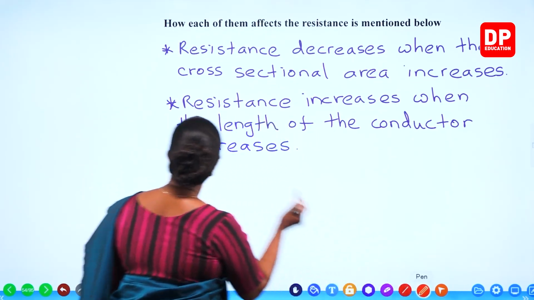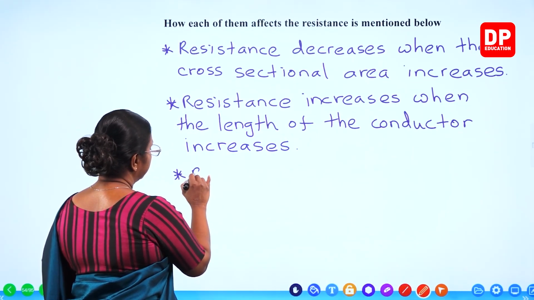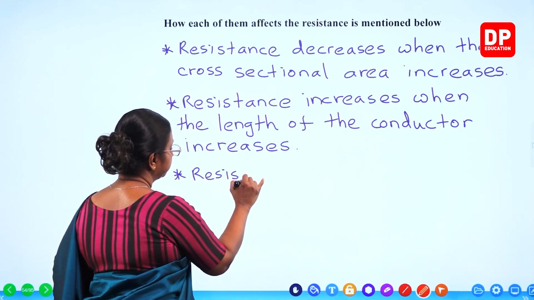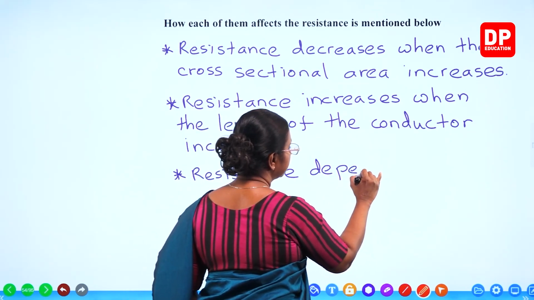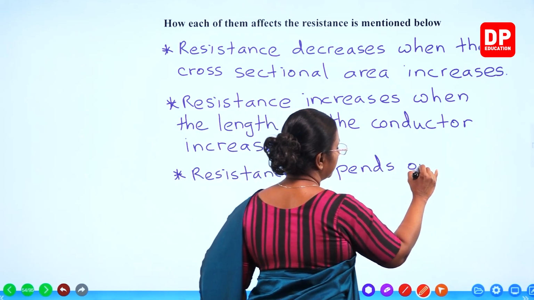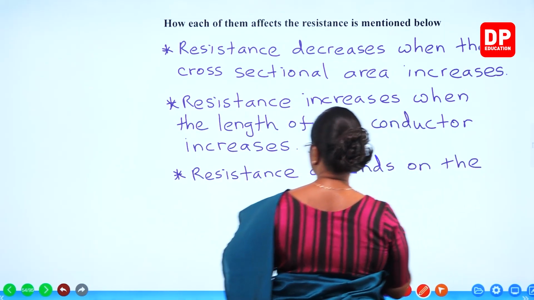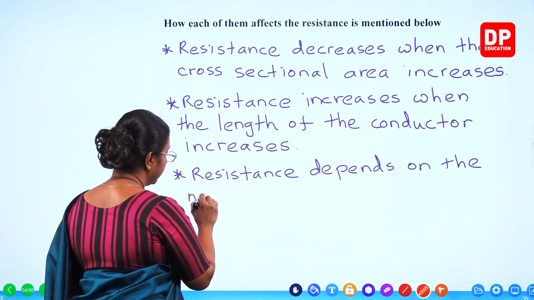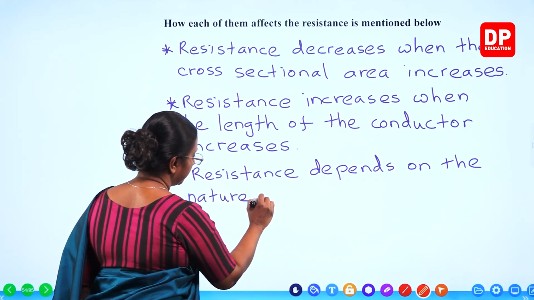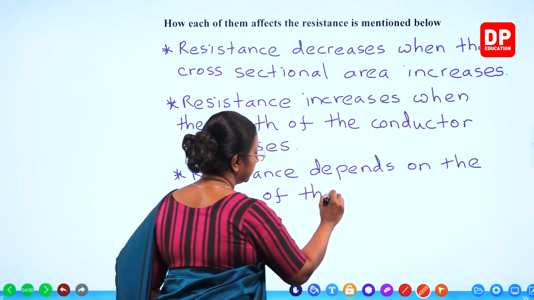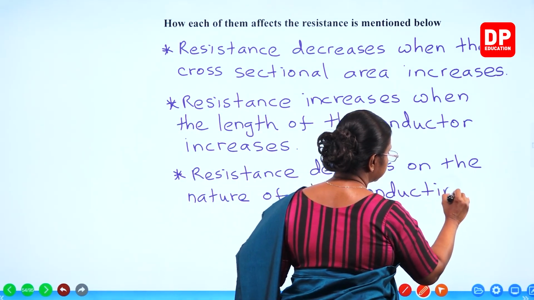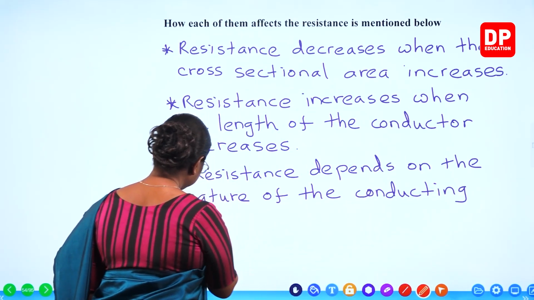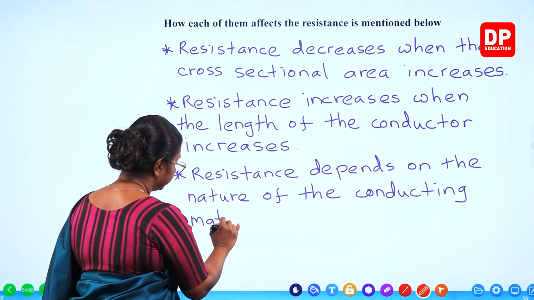And the third one, resistance depends on the nature of the conducting material.